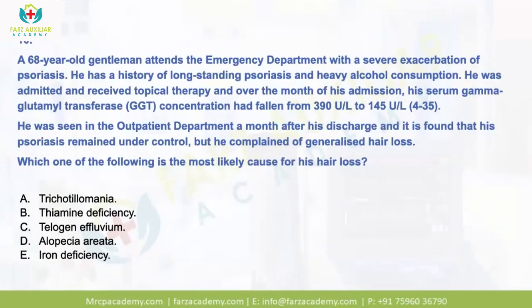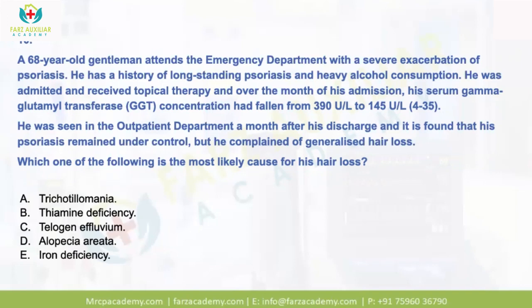The next question: a 68-year-old gentleman at the emergency department with severe exacerbation of psoriasis. He has a history of long-standing psoriasis and heavy alcohol consumption. He was admitted and received topical therapy over a month of his admission. Serum gamma glutamyl transferase concentration has fallen from 390 to 145.